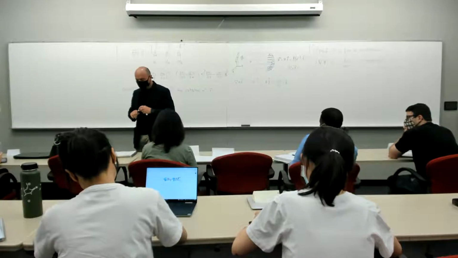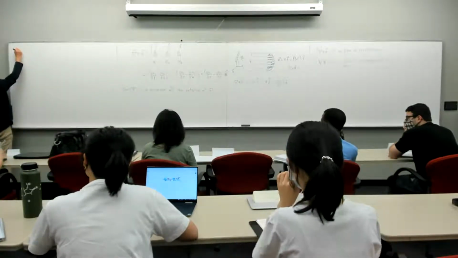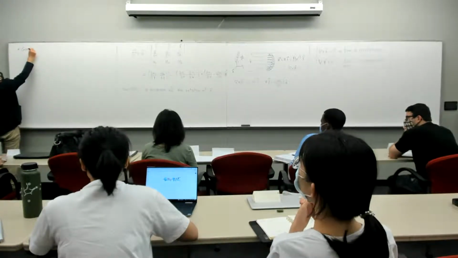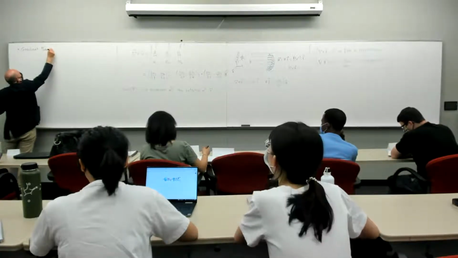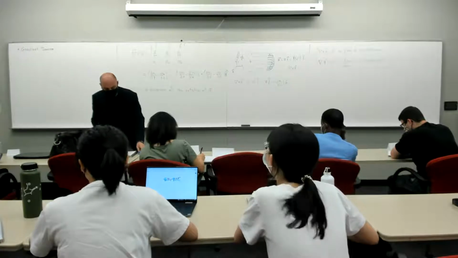A couple of integral theorems that are very important. First, we're gonna look at what's called the gradient theorem. I'll explain to you why we need to know of these theorems.